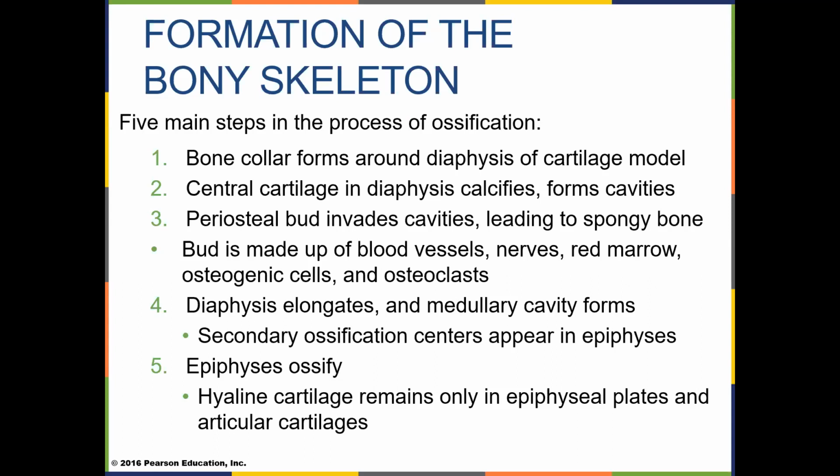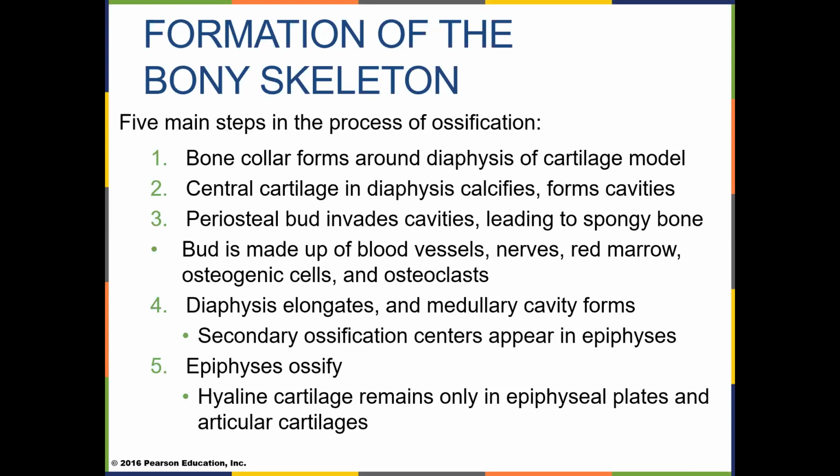And we'll start seeing the formation of spongy bone, and then we'll see penetration of blood vessels into this spongy bone, and nerves, and osteogenic cells, and osteoclasts. So we're building right from the start here at about the 6 week mark.